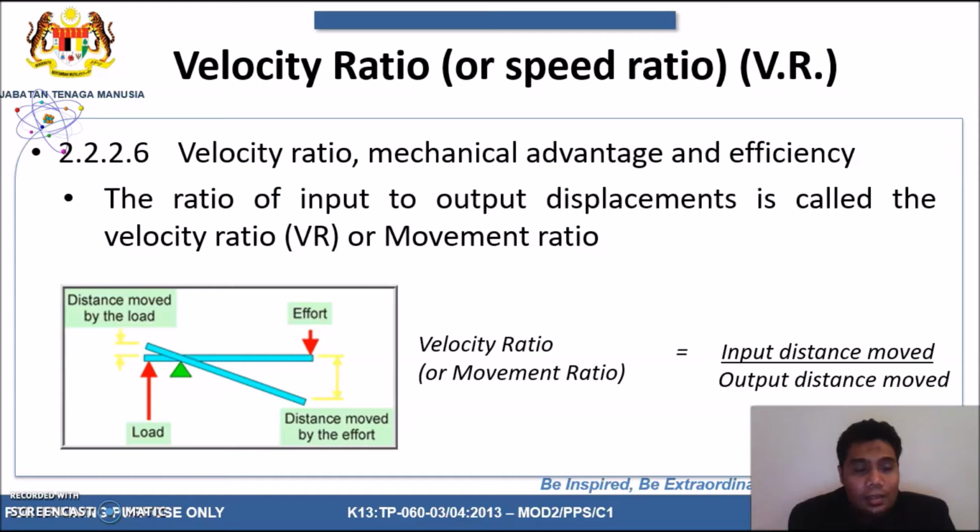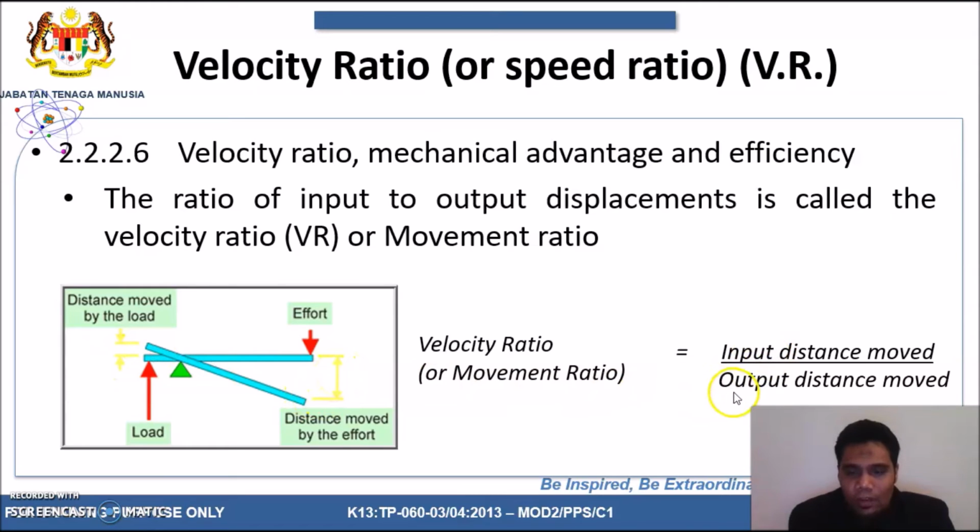Okay, you can see the distance moved by the load in the picture. For example, 2 cm. So the effort movement is more than it because the fulcrum is near to the load. So the effort movement is bigger. So we calculate it. For example, 2 cm input to 10 cm output.